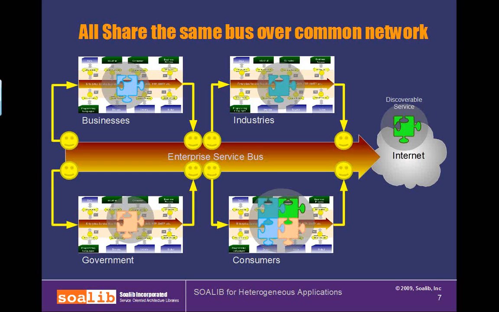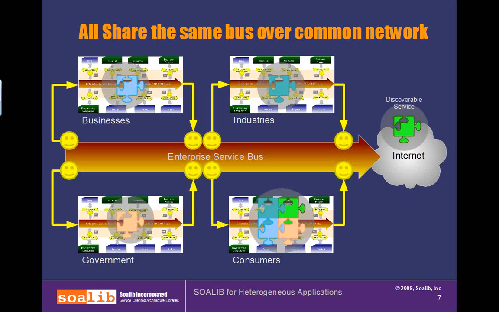Because everybody shares the same bus, they can share each other's services. And you see there is a small puzzle piece going to the internet, and these puzzle pieces indicate that they are services, the discoverable services.